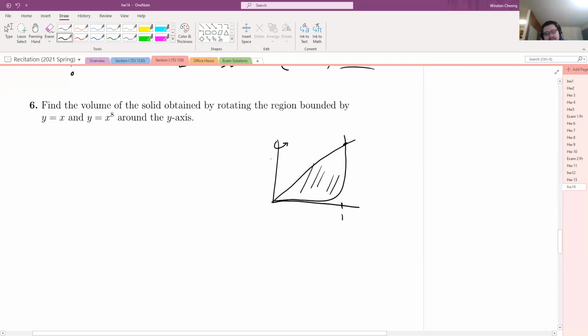Okay, and we want to rotate it. So this shape, if you really wanted to, you could do this using the washer method. You could totally choose this as your segment. But then you'd have to solve these two equations with respect to y instead of x, which means you have to integrate an 8th root, but it's still totally manageable.